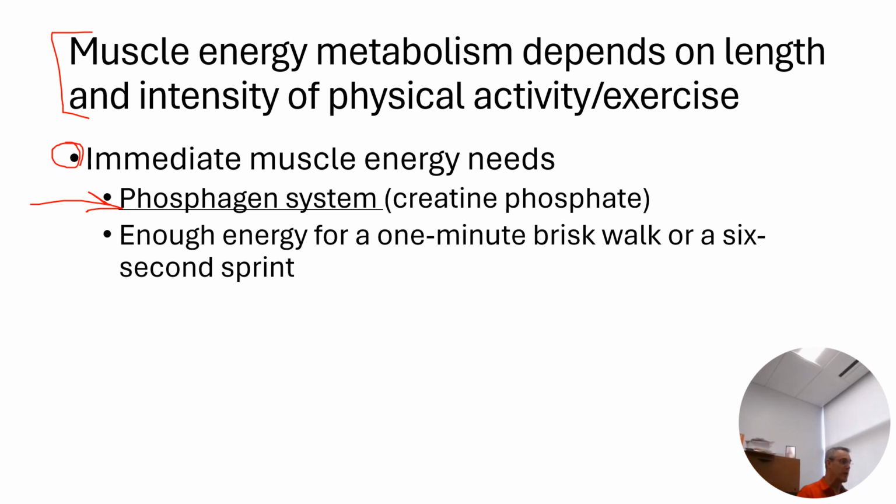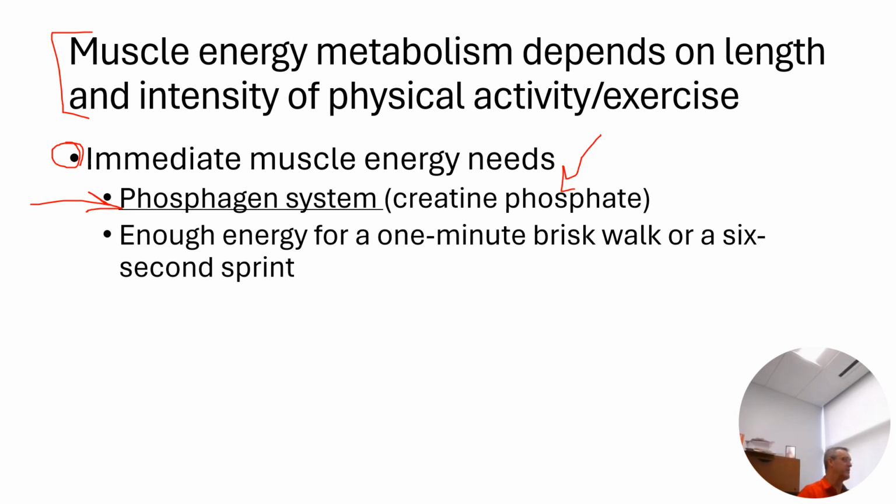And we were able to regenerate ATP without breaking down any energy substrates like glucose or fat. Right, in this case, I give the example of creatine phosphate here, where we merely took that phosphate off of creatine because that was a high energy bond. We transferred that phosphate over to ADP. Now we have an ATP still with the high energy bond naturally, right? And so we were able to rapidly replenish ATP.